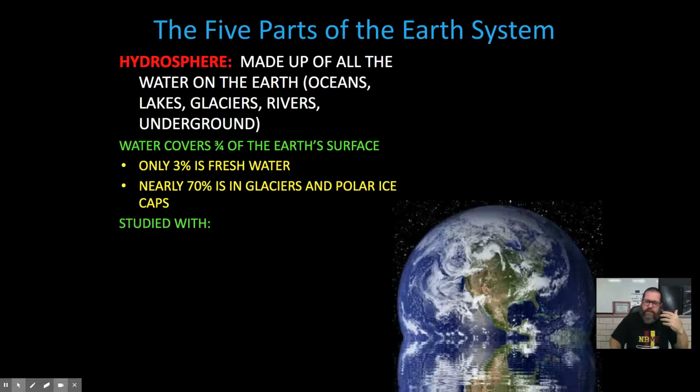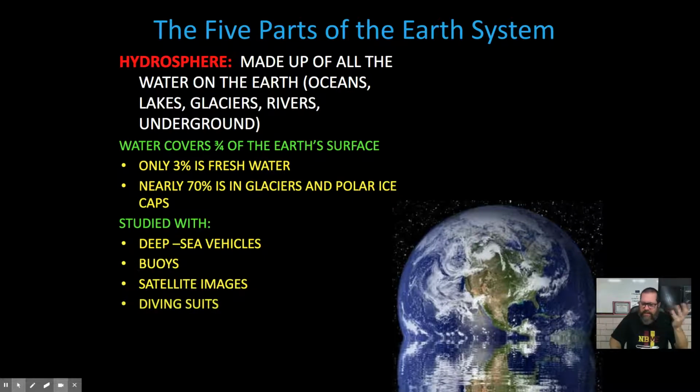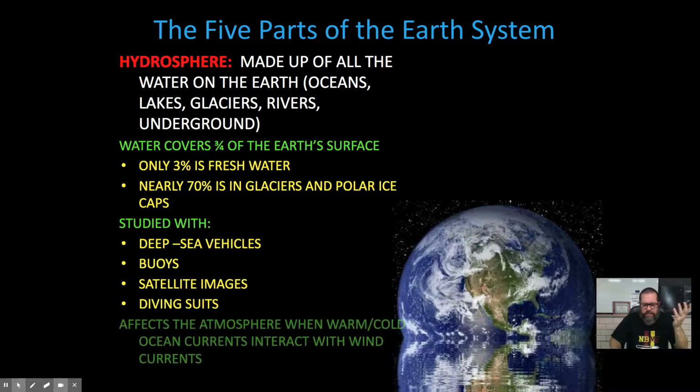Okay. Now, how do we study the hydrosphere? Well, we study the hydrosphere with things like deep sea vehicles, buoys, satellite images, diving suits, submersibles, and things like that. And an example of an interaction between the hydrosphere and the atmosphere would be that the oceans affect the atmosphere when warm or cold currents interact with wind currents.